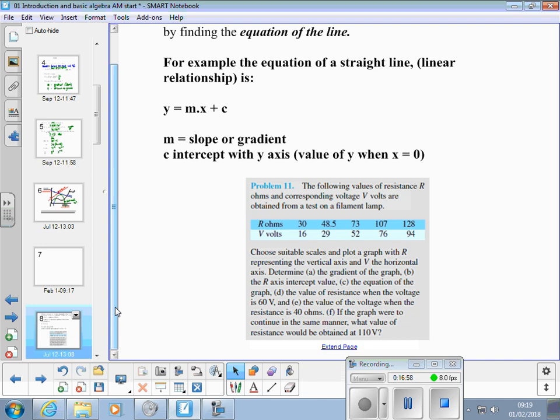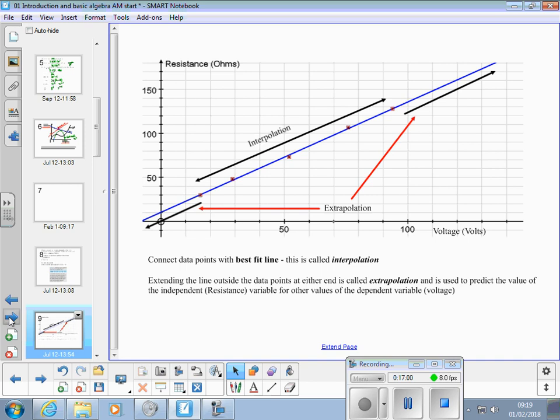So that data is plotted in Autograph software, actually, so that we can see. You then connect the data points to the best fit line. Doing that is called interpolation. You're connecting those points with the best fit line you can find.